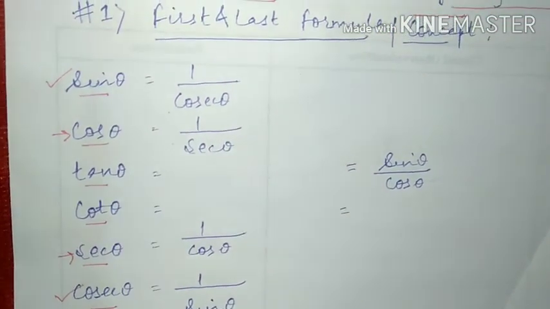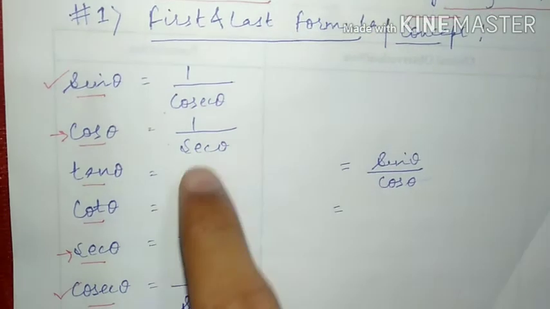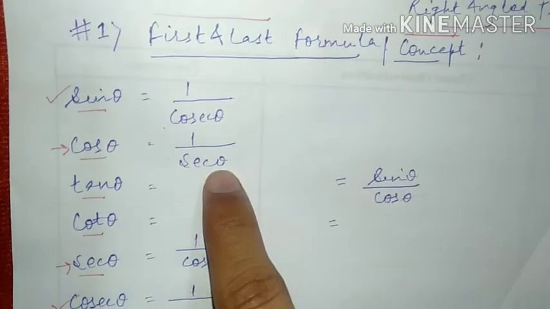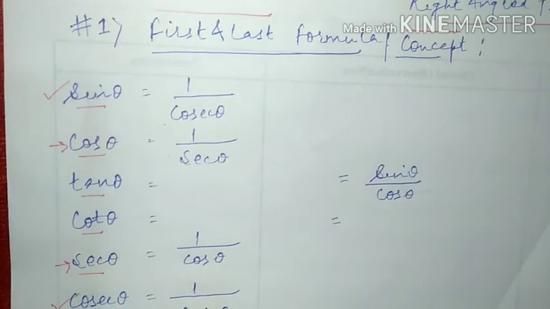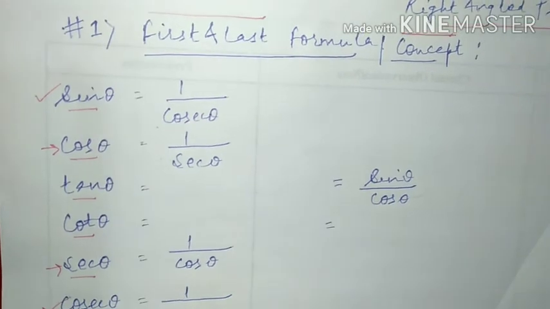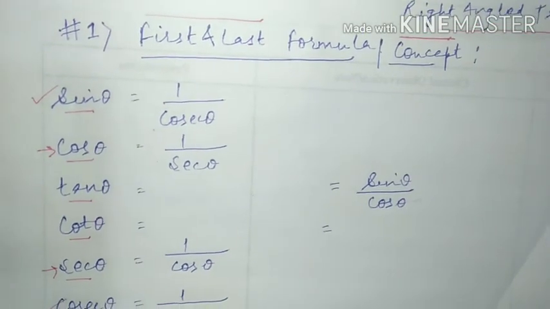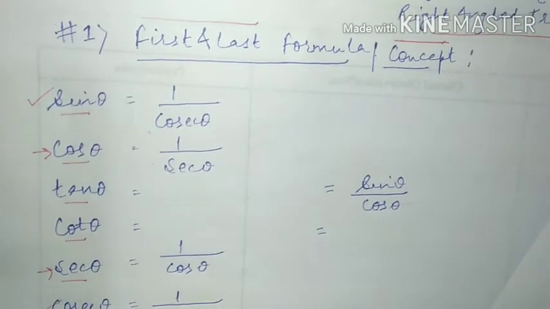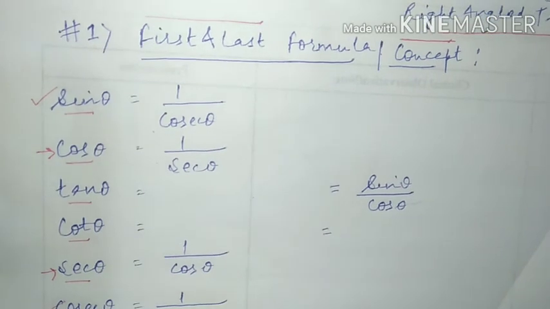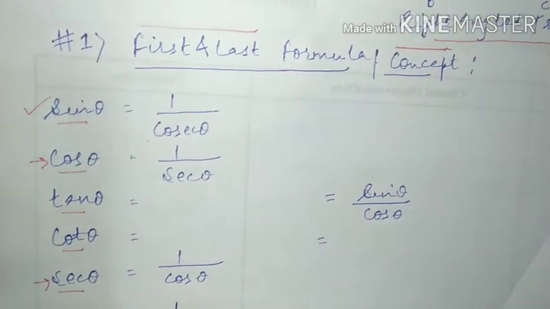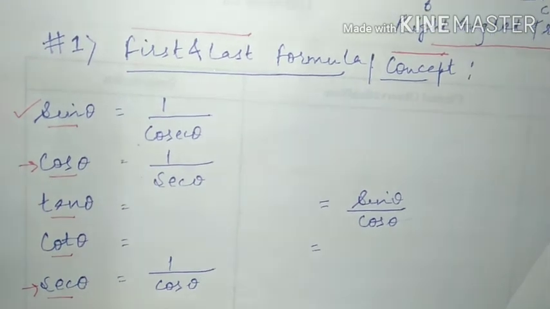So then what could be the formula for cos theta, that is 1 upon sec theta, right? So you are to use the concept, and you are to learn the sequence as well, you are to learn the pattern as well, right? That's how you will be able to make the formulas.